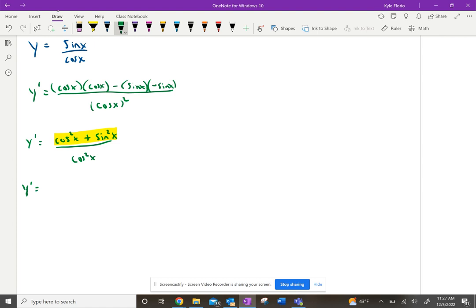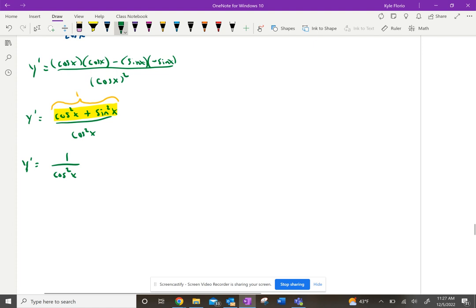Everyone knows sine squared of x plus cosine squared of x is just 1. That's just equal to 1. A little prior knowledge there. And 1 over cosine squared, remember 1 over cosine is secant. So 1 over cosine squared is secant squared.